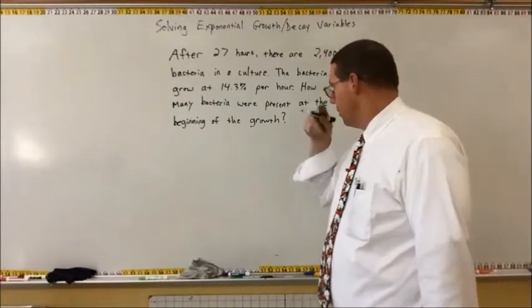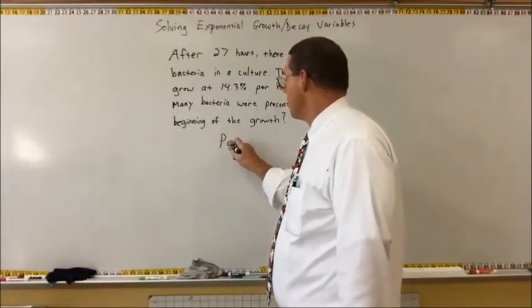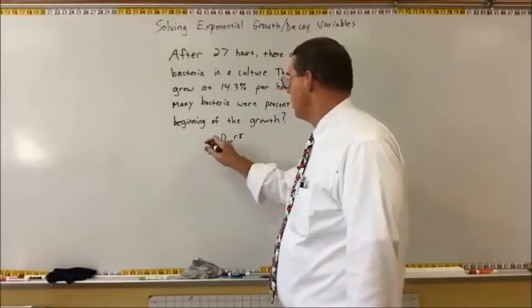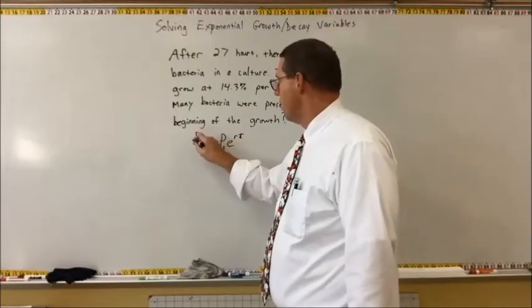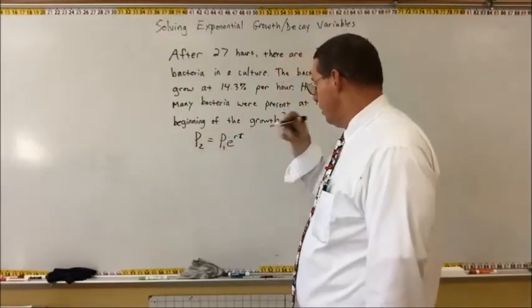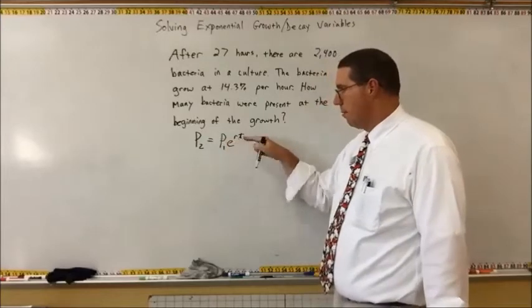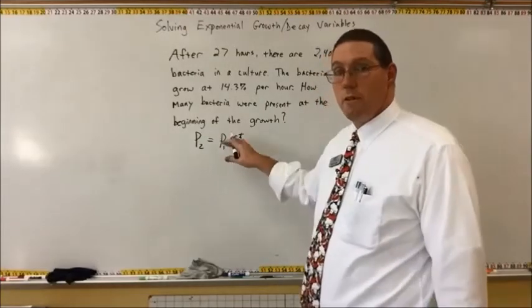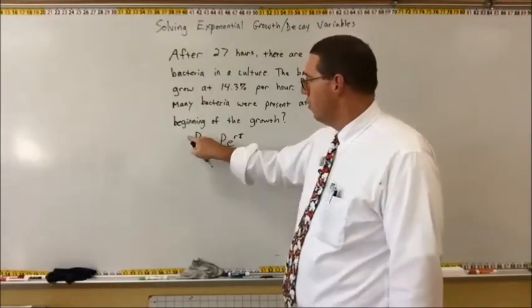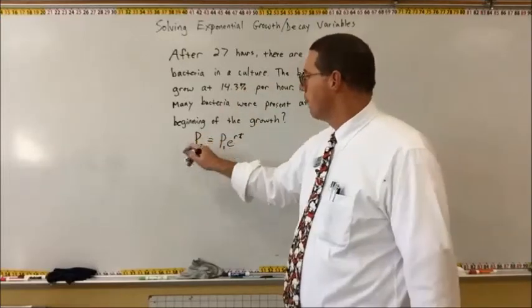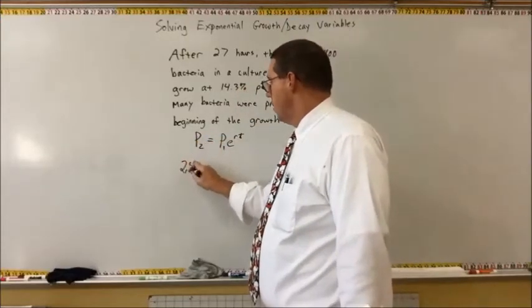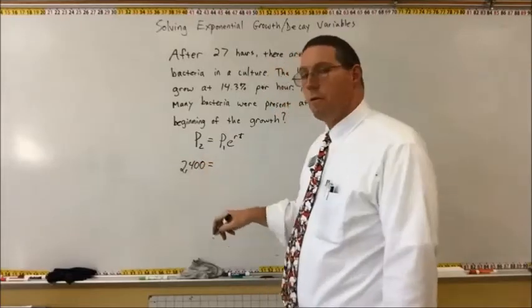Okay, so our formula would be P times E to the power of RT, right? So the ending value would be equal to the starting value times E to the power of RT. So we can use this formula, only instead of plugging in for P1, we're going to plug in 2400 for P2. So at the end, there's 2400 of them.